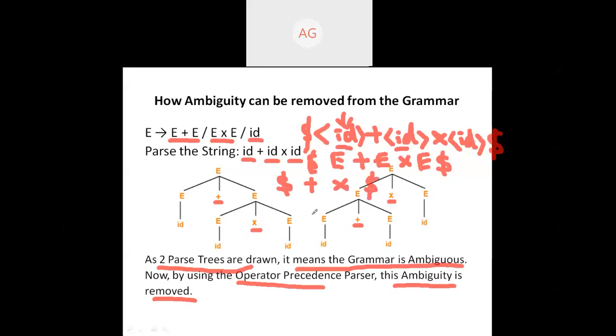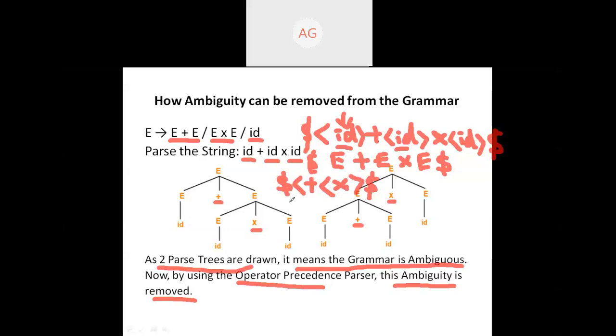And as we know that dollar has the least precedence compared to any of the terminals, we again give the precedence in this grammar. So plus has greater precedence than dollar, then into has greater precedence than plus, and also into has greater precedence than dollar.